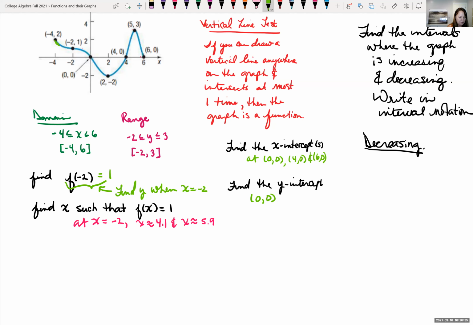I notice that I'm starting here at -4, and I can continue until I hit x equals 2. Then I'm going to start to go back uphill. But then again, when x is 5, I start to go downhill until I hit x equals 6.